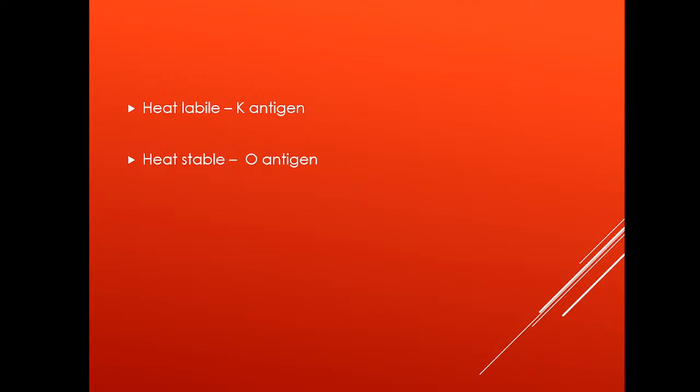One could be monotrichous, then the other organism can be peritrichous, and the other one can be amphitrichous, and so on and so forth. So the heat stability of these antigens varies depending on the layout of the organism's structure.